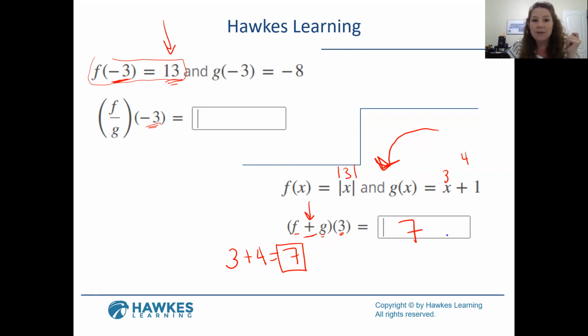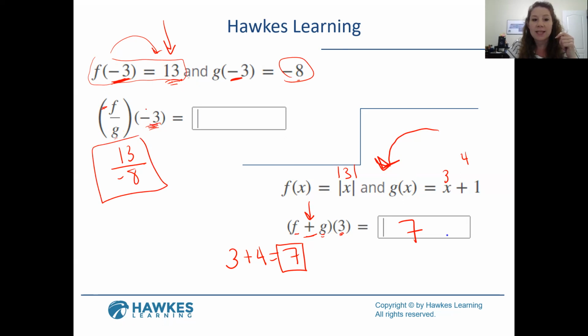So you see, we don't have any variables in either one of these functions to substitute a -3 for. They're showing us they've already implanted a -3 into each of these equations. So all we have to do is simply write f, which is 13, divided by g, which is -8.